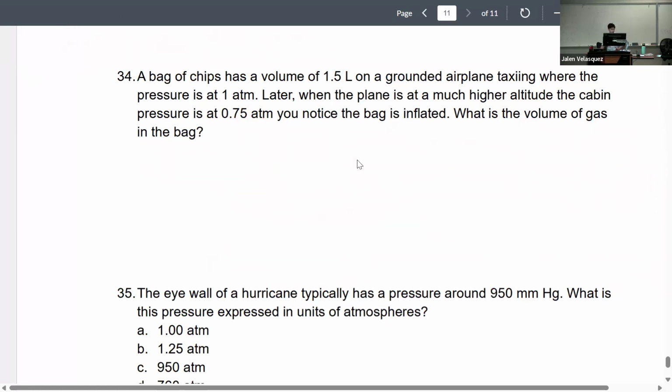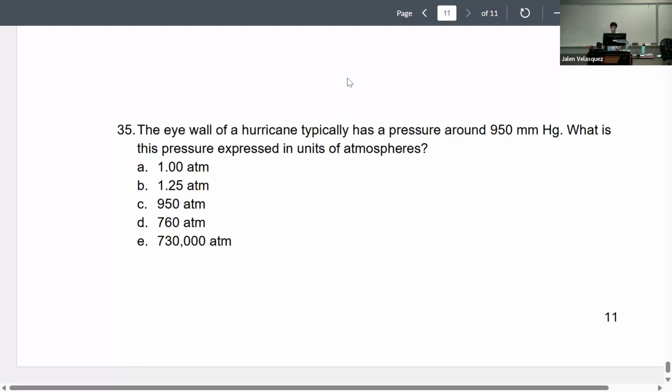All right, last one. The eye wall of a hurricane typically has pressure around 950 millimeters of mercury. What is this pressure expressed in units of atmospheres? So what do we think here? Yeah, it's B, right?